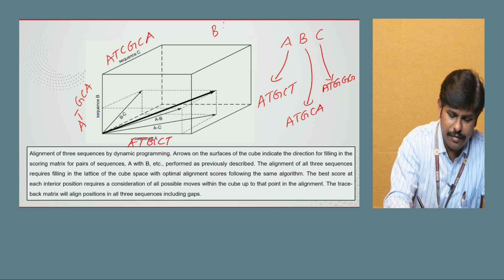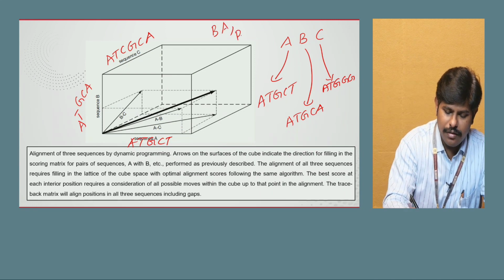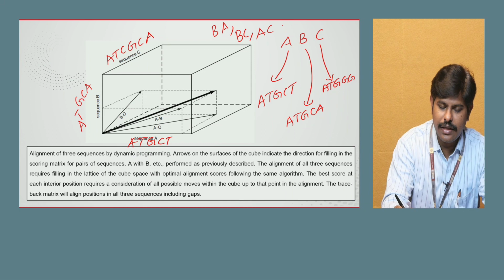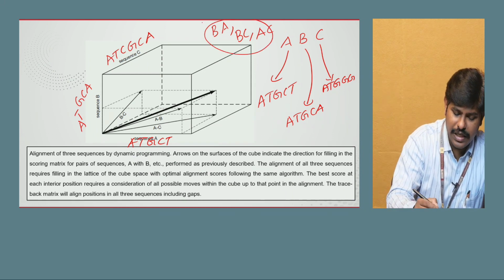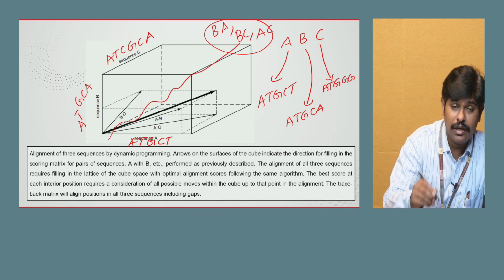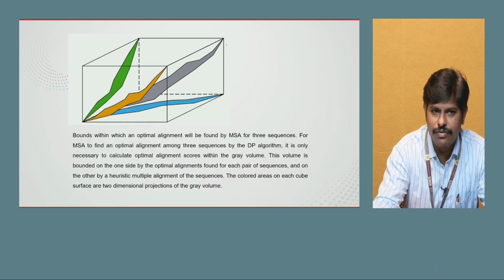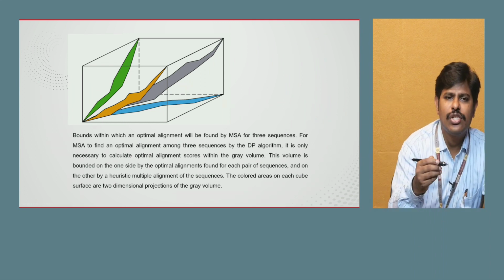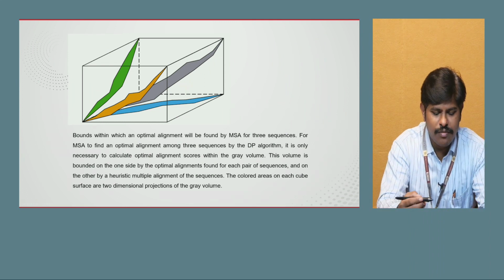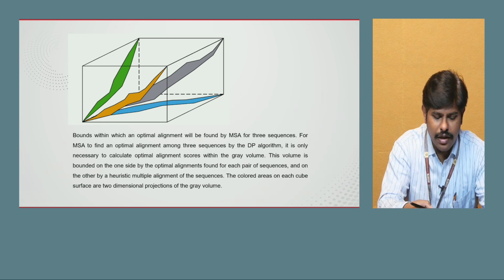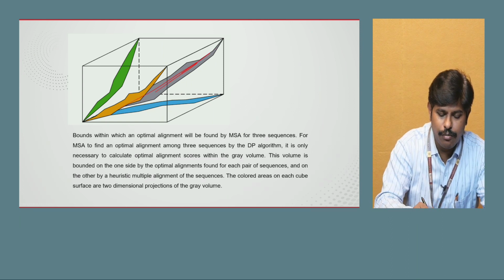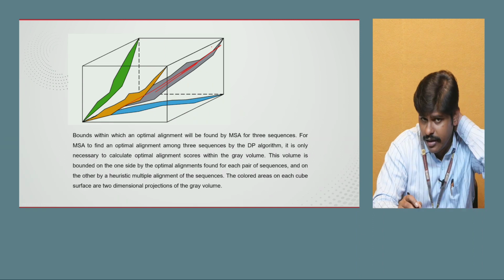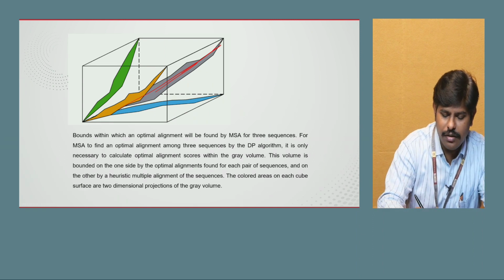First B and A pairwise alignment, then B and C, then A and C. Based upon these pairwise alignments, an optimal alignment is achieved. We will see an example. This is an illustration indicating 3 pairs of alignments: you have green, cyan and orange. The final result will be the grayish path or trace that we can see in the final alignment.